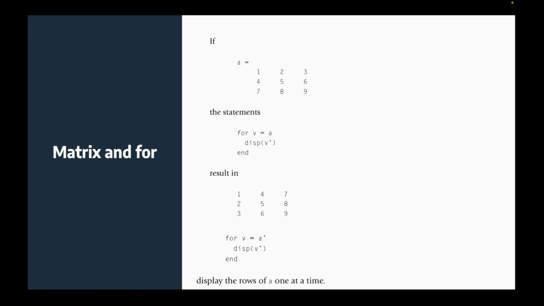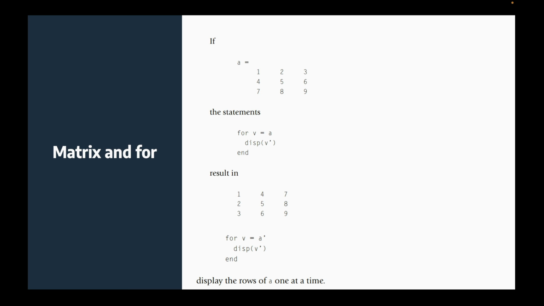Now, how do we use for loops with matrices? Let's together create a matrix, which I believe you already have. A equals 1 all the way to 9, a 3 by 3 matrix. Now, for V equals A, display V prime, and end. What's going on here?